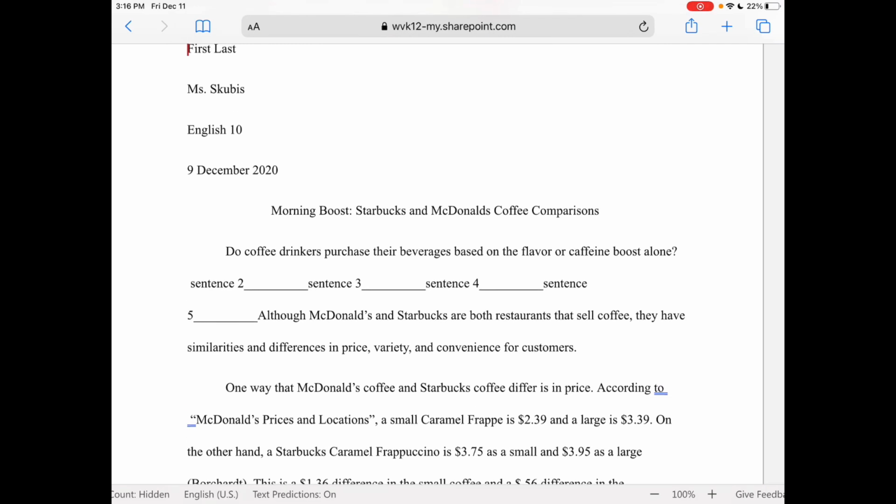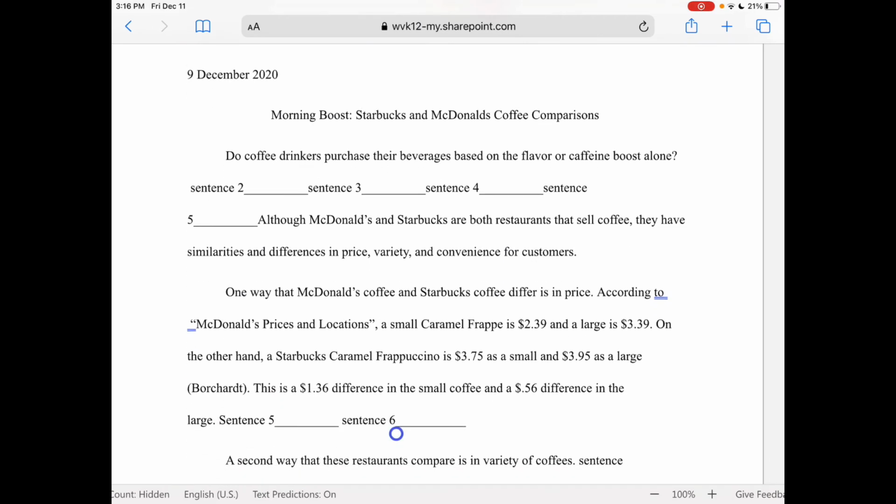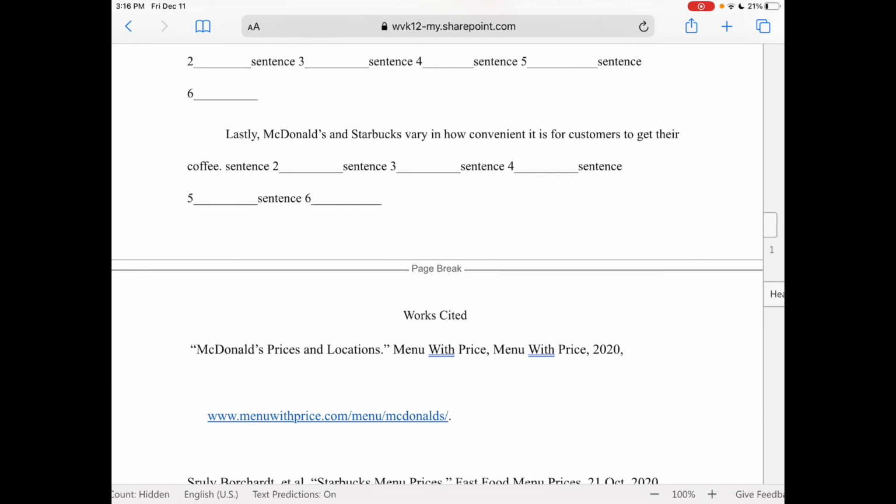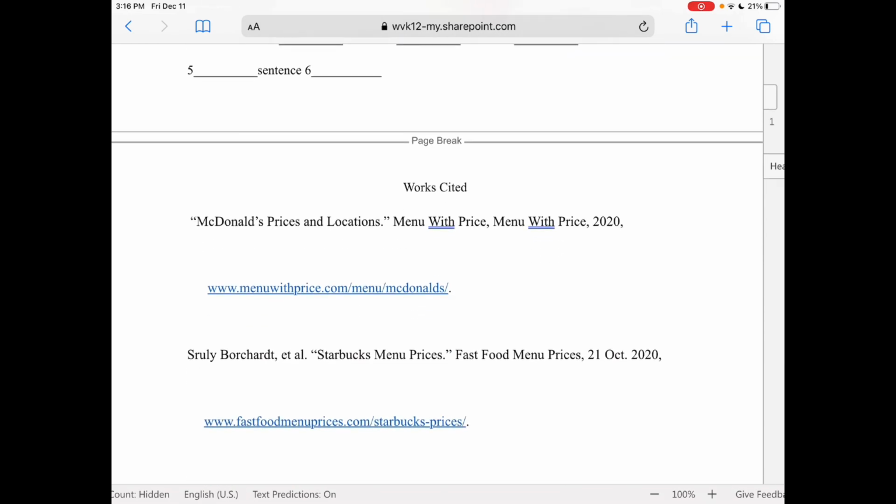Notice my spacing. It is all double spaced. There are no extra spaces between paragraphs. Okay, there's just double spacing. There's not huge gaps between paragraphs. I also do not have huge gaps between my works cited information.